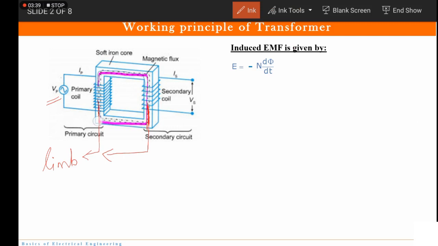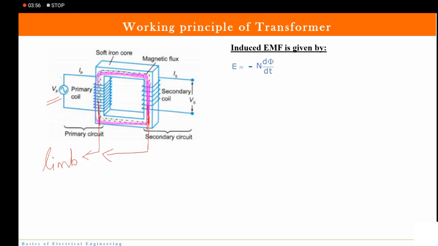So this is the path. Okay. So you can see that some of the flux is passing through the secondary coil also. It means it cuts the coil. Now, as per Faraday's law of electromagnetic induction, a voltage is induced in the secondary coil.